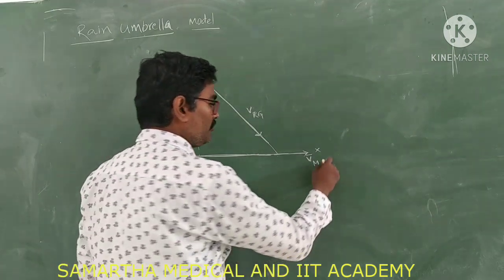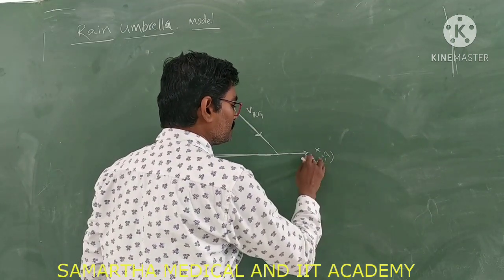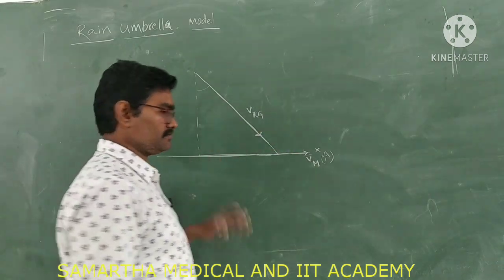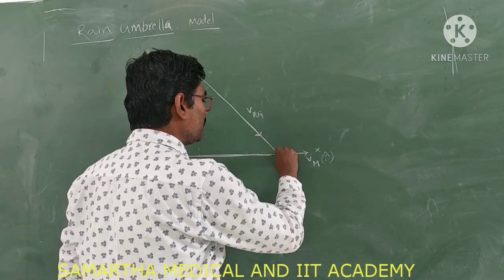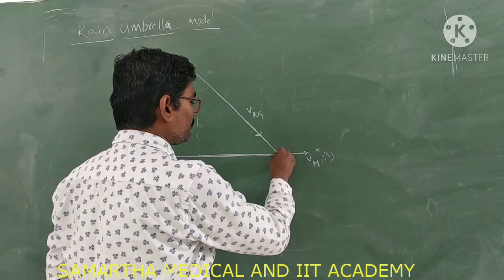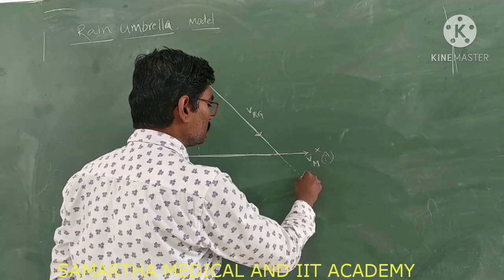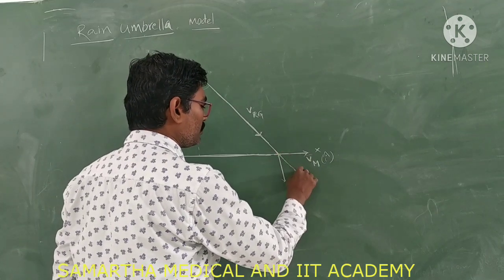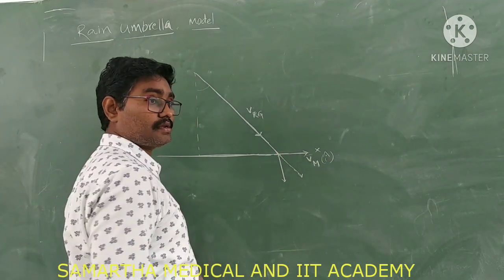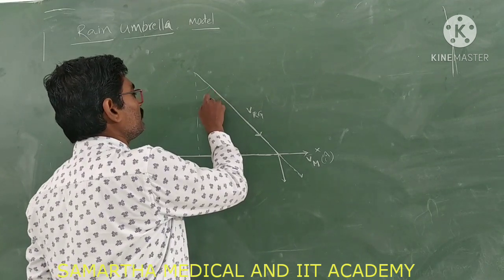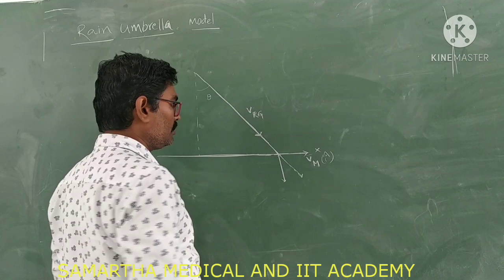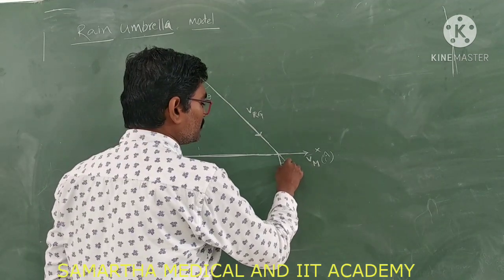So what can you write? Vm into i cap is the velocity of the man. Now see here, this is rain falling here. This rain can be resolved into two perpendicular components. Suppose this is theta with the vertical it is falling, then this also will be theta.